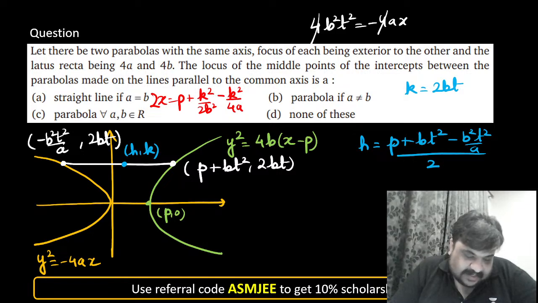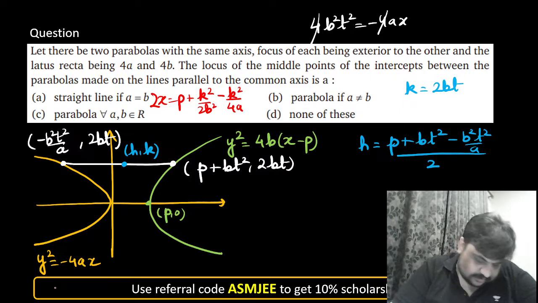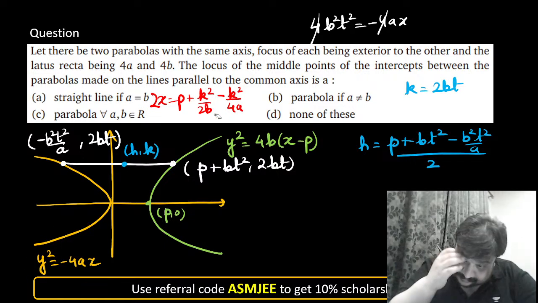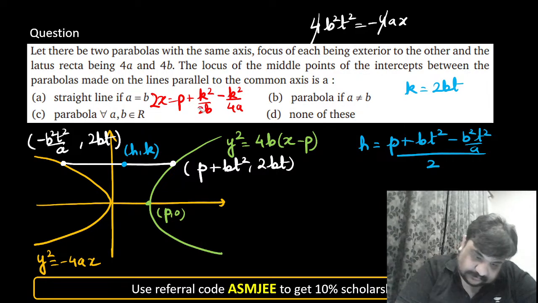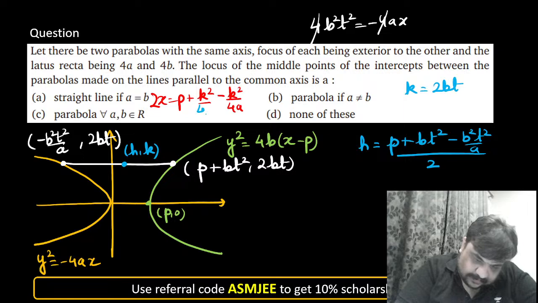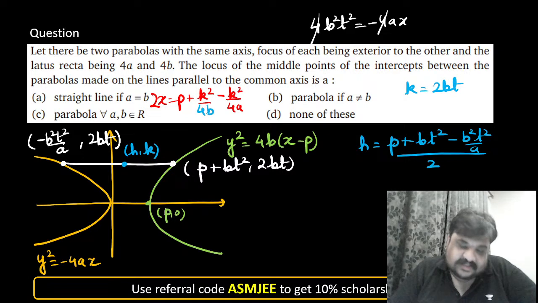It looks like a parabola if a is not equal to b, and if a is equal to b, then it's a straight line.